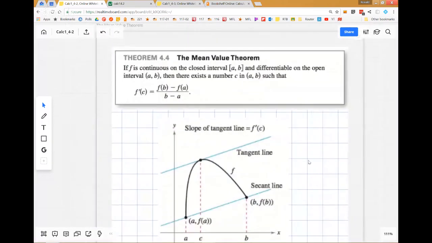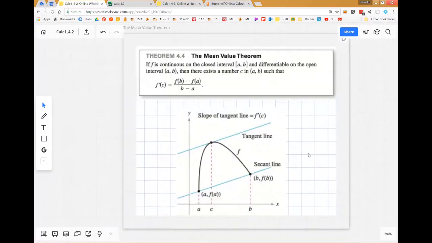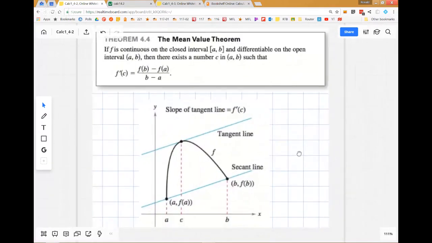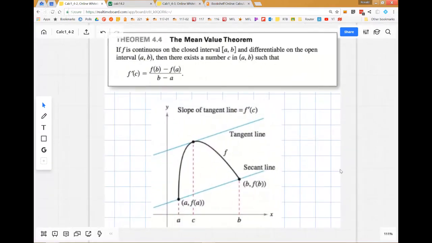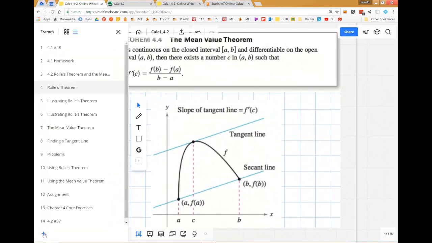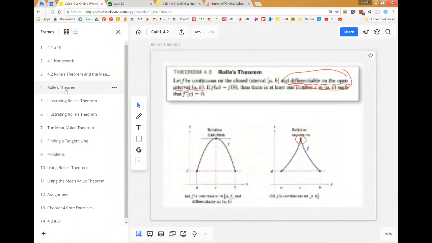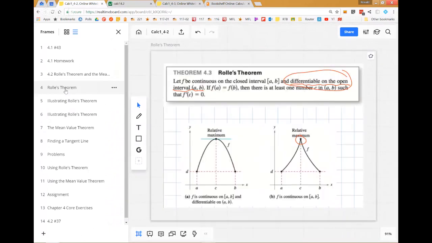It's called the mean value theorem. And this is basically Rolle's theorem tipped a little bit. What I mean by that is, do you remember when we looked at Rolle's theorem in the beginning? We saw that the two points that we started off with were of equal height, horizontal from each other.